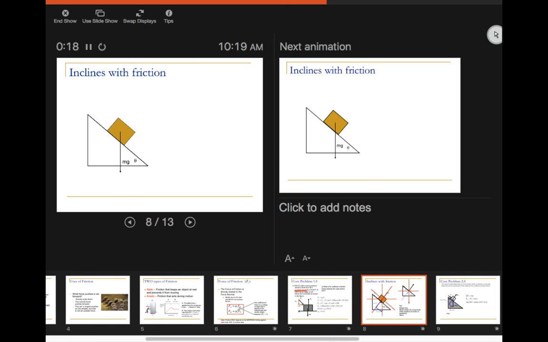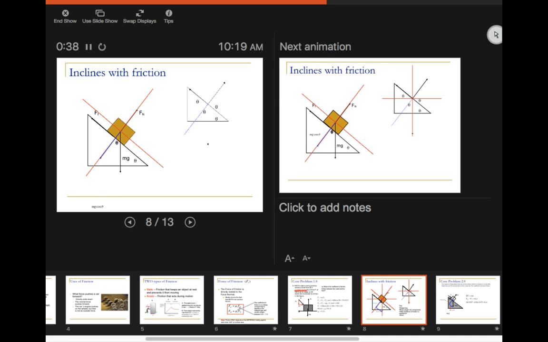We have already talked extensively about inclines with friction, so I'm not going to talk about this again because we've already gone down this road. The important thing to remember about an incline is that we have to change our orientation to match. And the biggest thing to remember is mg sine theta and mg cosine theta.